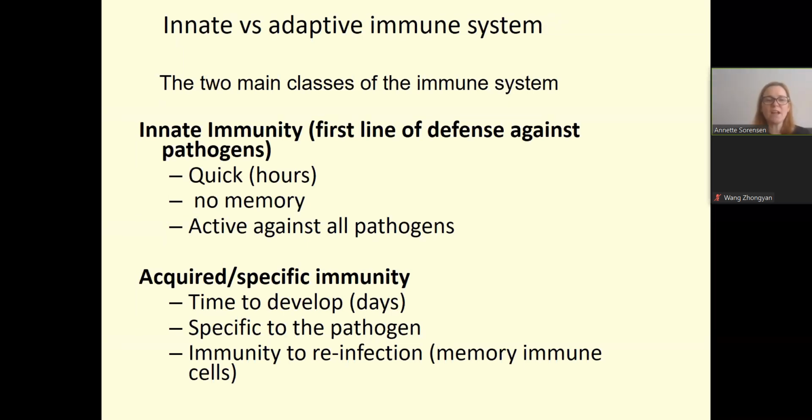So the acquired immune response has a memory. The first time you're exposed to a pathogen, the acquired immune response takes days to develop. So it doesn't respond as quickly as the innate immune system. However, once you have been exposed to that pathogen and have memory of it, the acquired immune response is very quick as well.